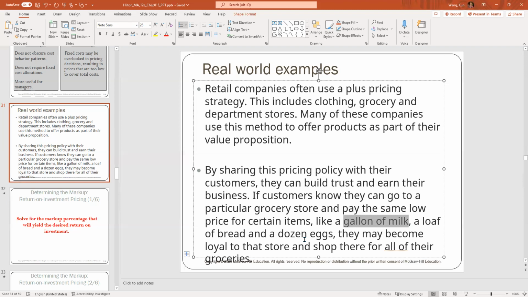Because again, I think about retail, they don't really make the products by themselves. They are not the manufacturer, right? They are only kind of the intermediary.